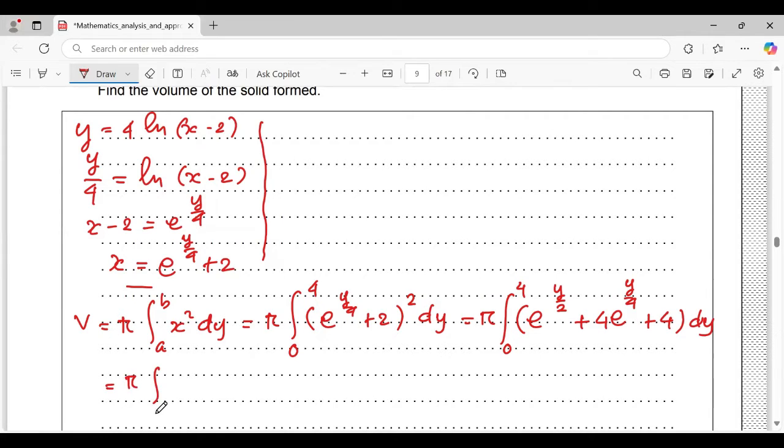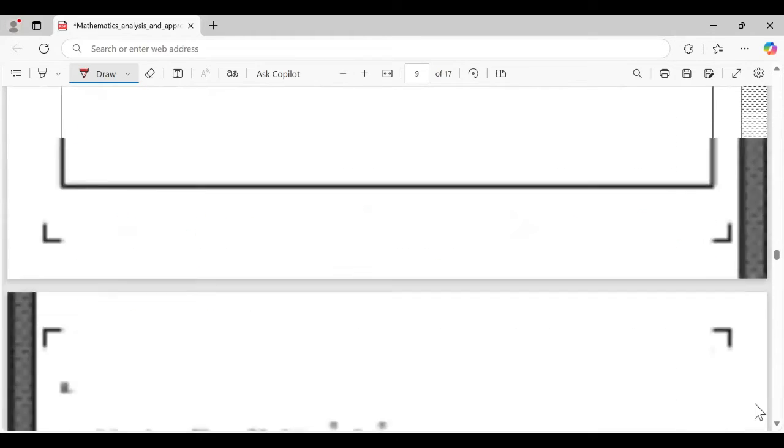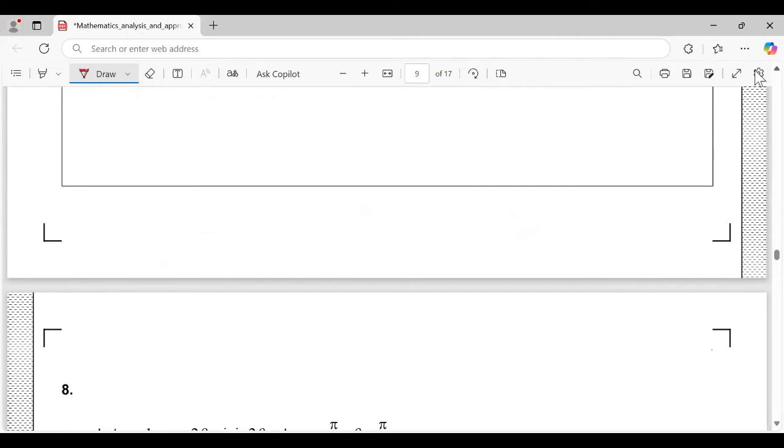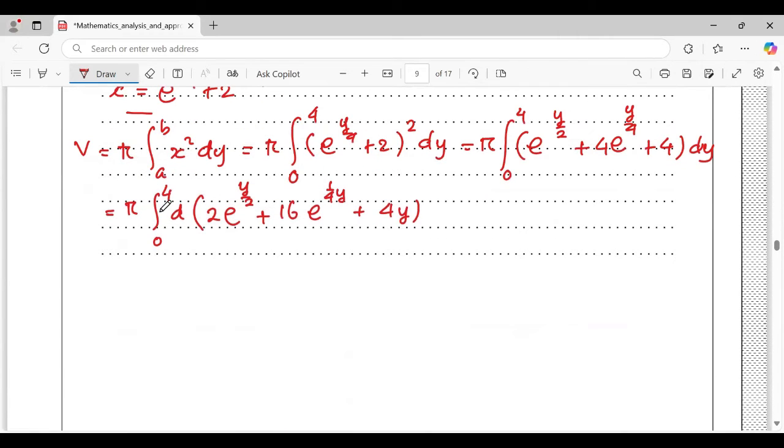And after that, find the integral of this expression. And the integral is 2e power y over 2 plus 16 e power 1/4 y plus 4y. And after that, substitute 4 and 0 into this expression.